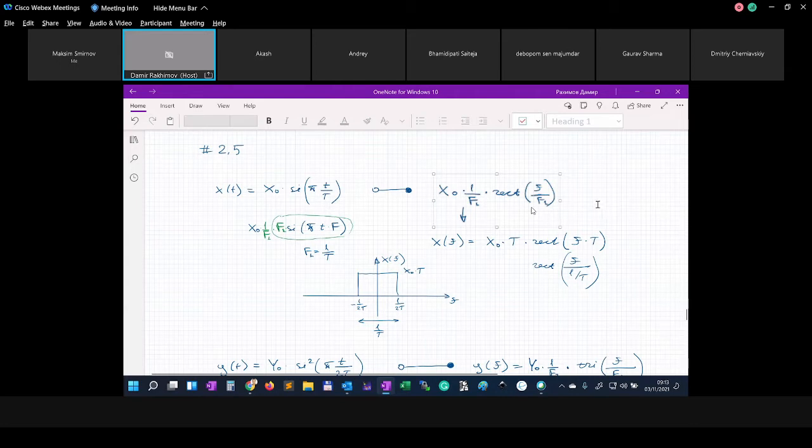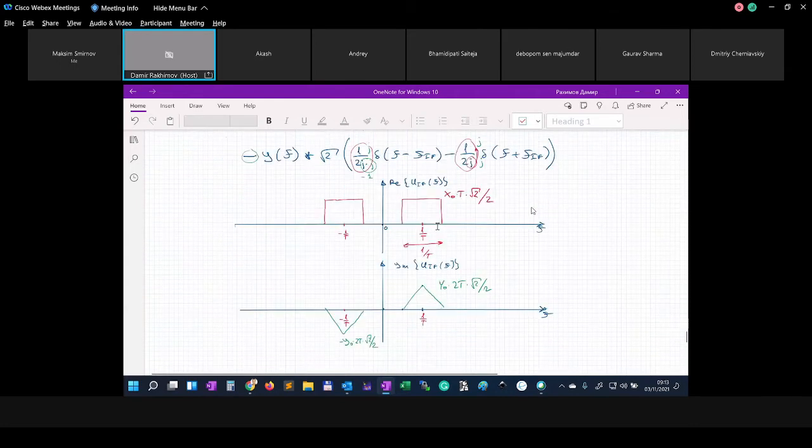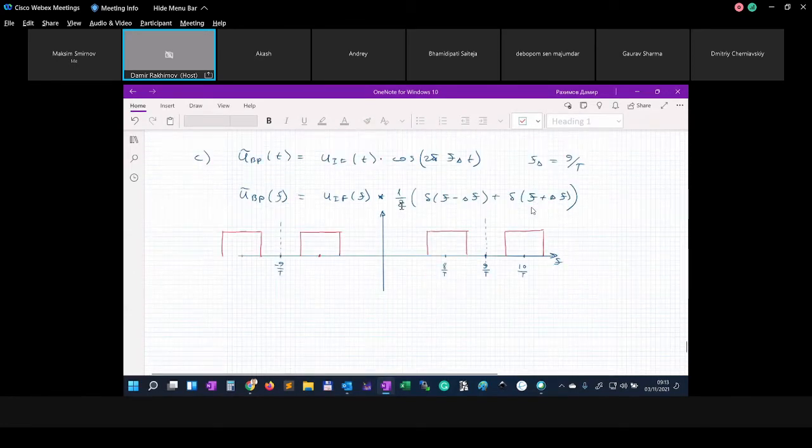Then, first step, we perform a transformation to intermediate frequency. Now we do the second step: we transform by the given frequency 9/T to the carrier frequency. For this reason I have written 9/T, because it's given.